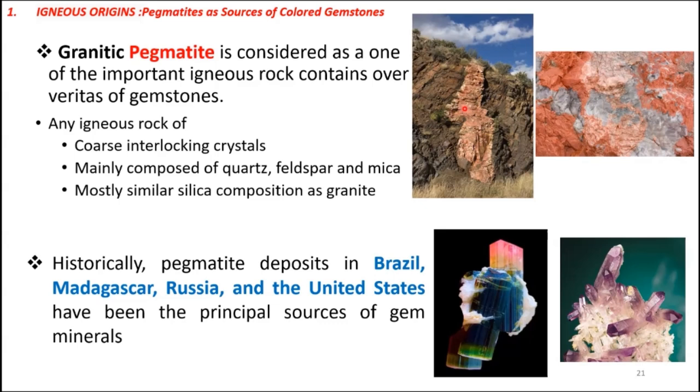Energy minerals mean especially thorium or sometimes uranium rich minerals, because we can extract thorium or uranium for power production in nuclear power plants. Likewise, there is a possibility that some of the pegmatites contain gem quality minerals.